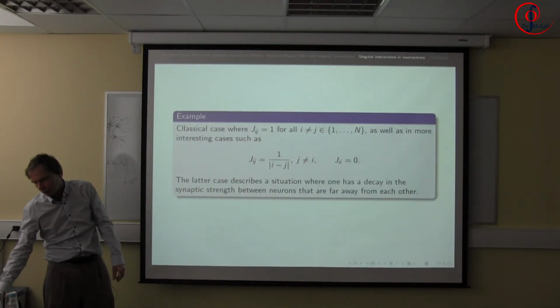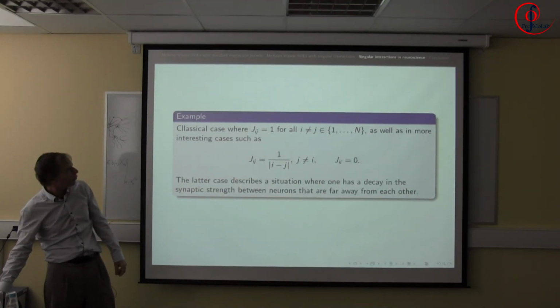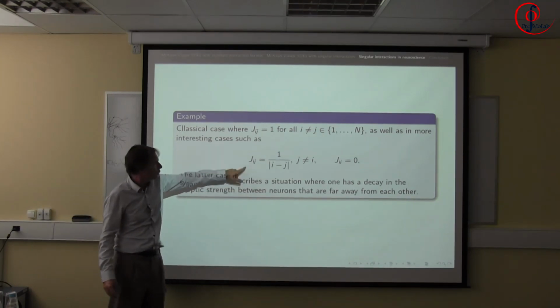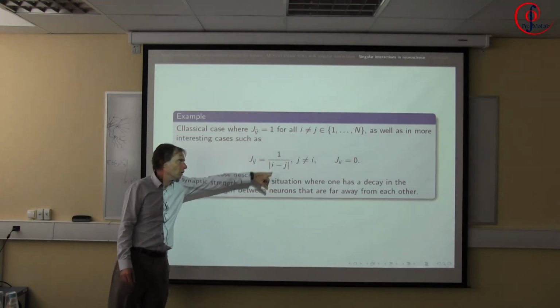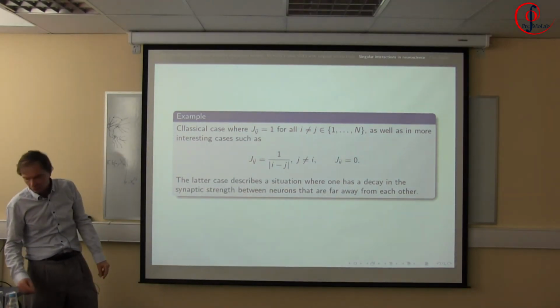Okay, so that's the story. And our condition on the synaptic coefficients is satisfied, of course, when all of them are equal to 1 over capital N, but also in these singular cases.